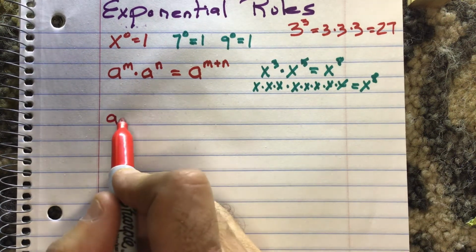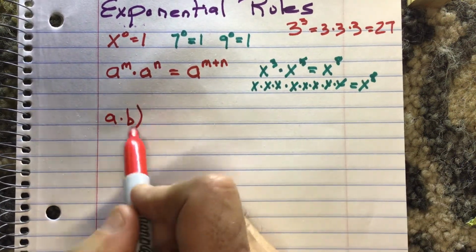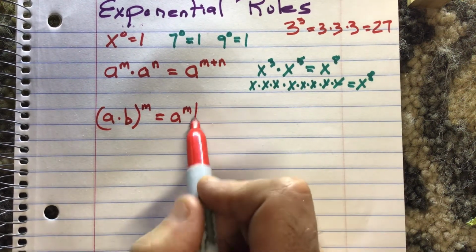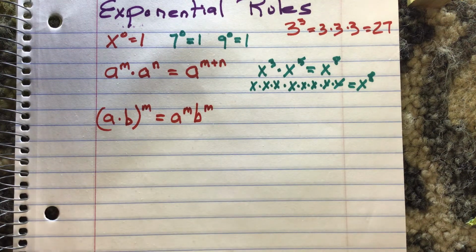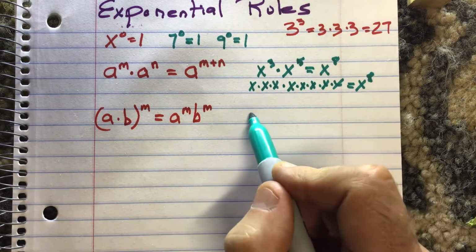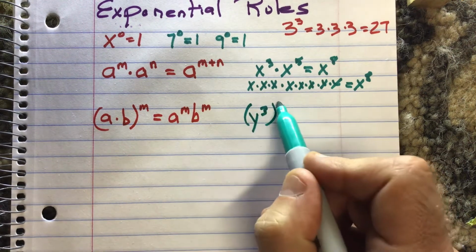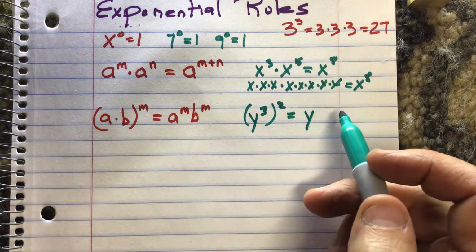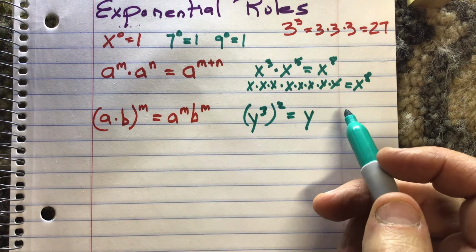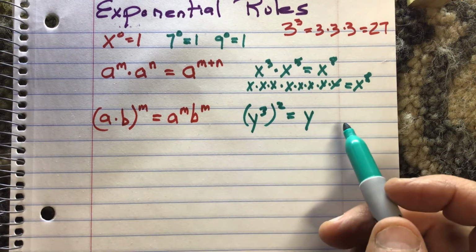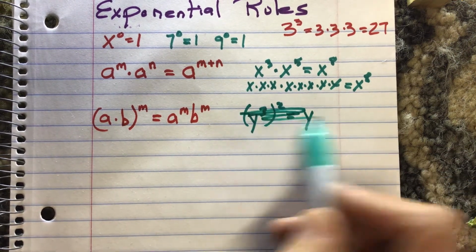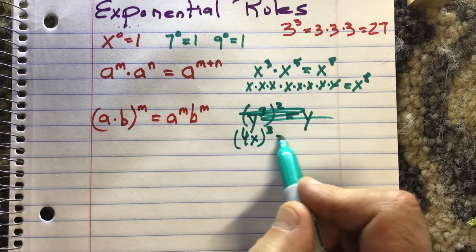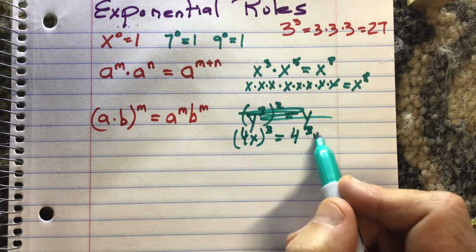A times b raised to the power of m is the same thing as a to the m, b to the m. This is sort of like distributing. For example, if I had 4x to the third, that would equal 4 to the third times x to the third.